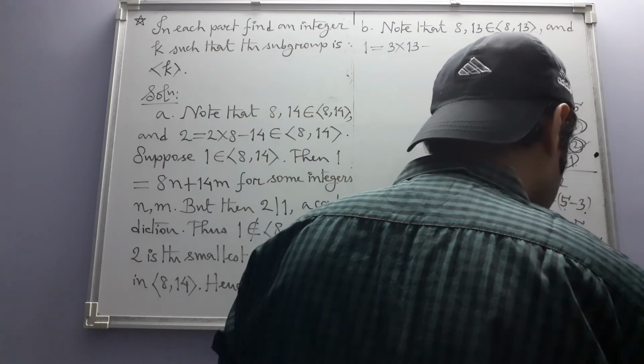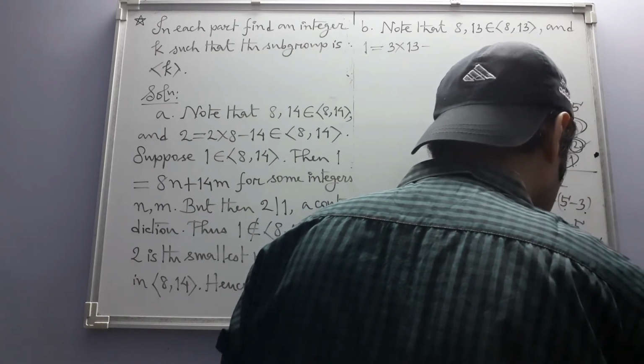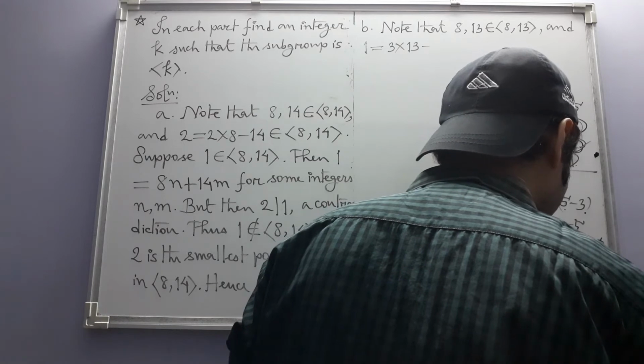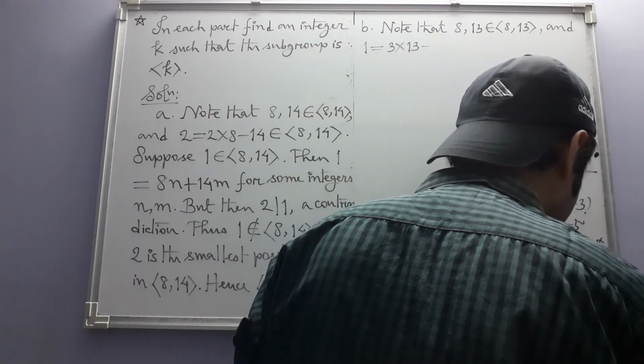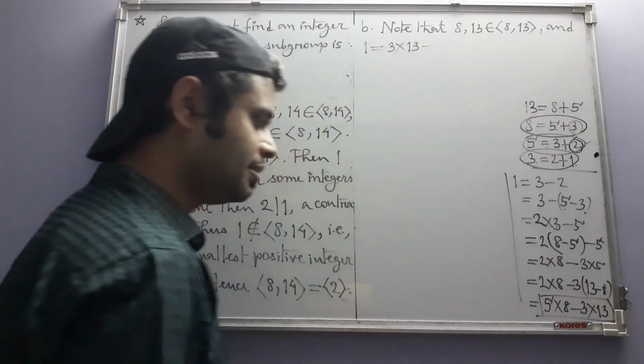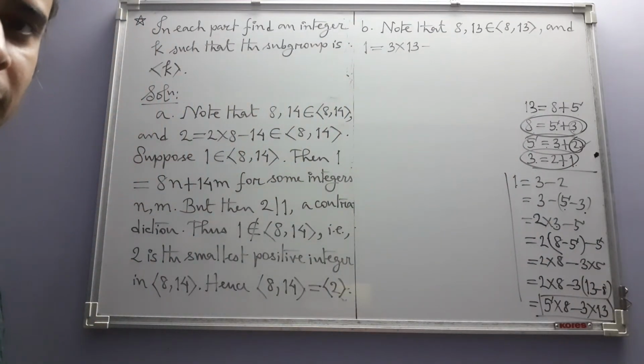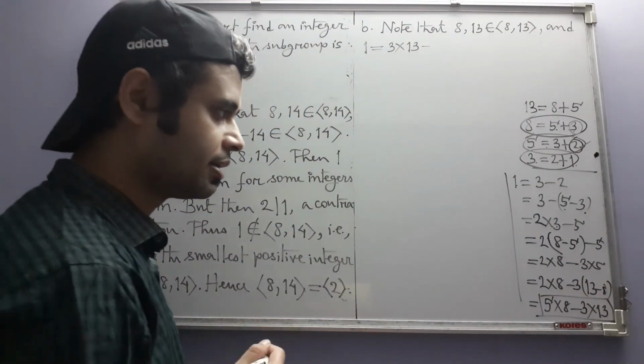So this becomes, oh yes, yeah, this did not come to my mind, because 5 times 8 is 40 and 3 times 13 is 39, so that gives us 1.